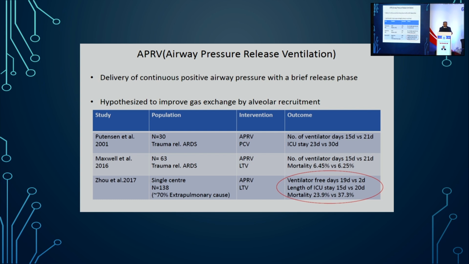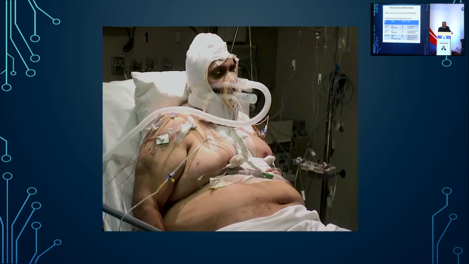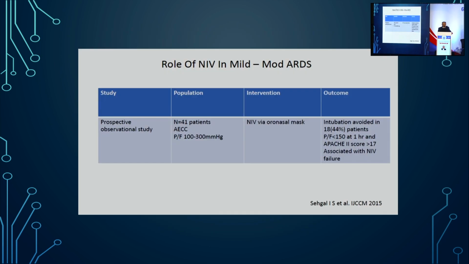And these were the 3 studies, in which this particular study by Zhao et al. from China showed significant improvement in ventilator-free days and length of ICU stay, and significant improvement in mortality by using APRV mode. This is one of our own 140 kilo Iraqi patients managed with BiPAP.